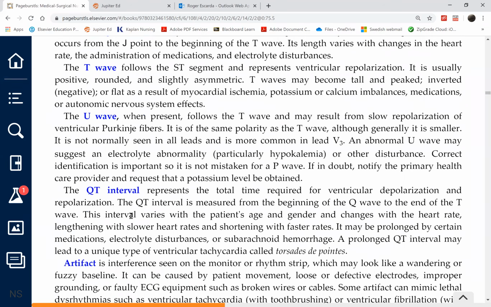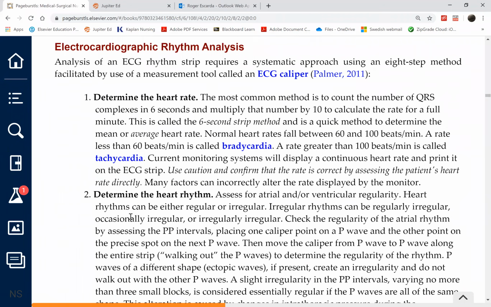Thank you. Right, we have steps in doing that. When you interpret a rhythm, say I give you a rhythm strip, the first step is to count the heart rate. It's very important to count the heart rate because that will determine, first of all, is this normal or not? I'll show you how to count it shortly.